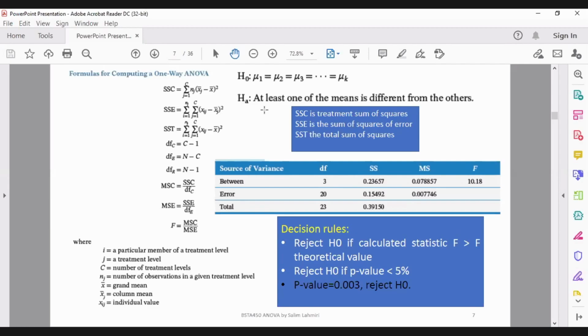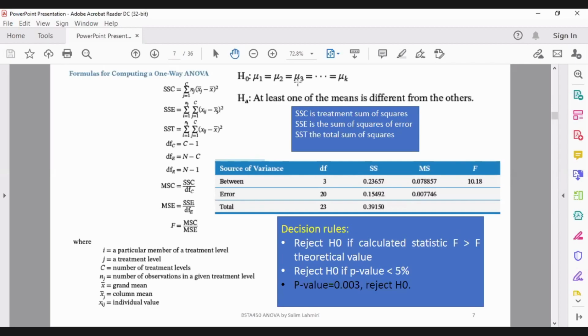The alternative hypothesis is the following: at least one of the means is different from the others, meaning mu1 is different from mu2, mu3, mu k, or mu2 is different from mu1, mu3, mu k, or mu3 is different from mu1, mu2, and mu k, or mu k is different from mu1, mu2, and mu3.